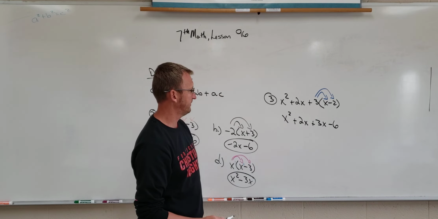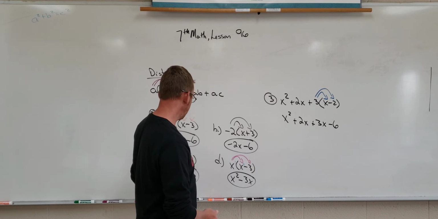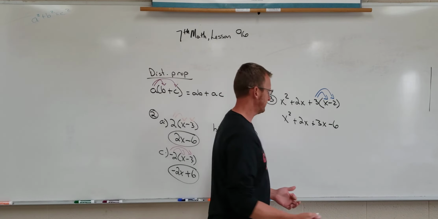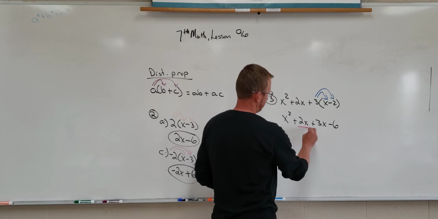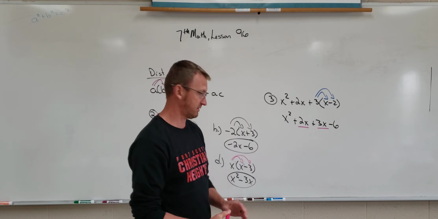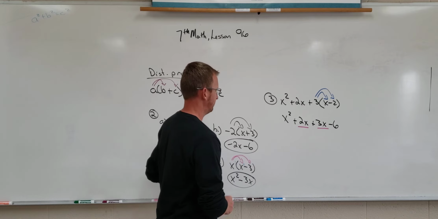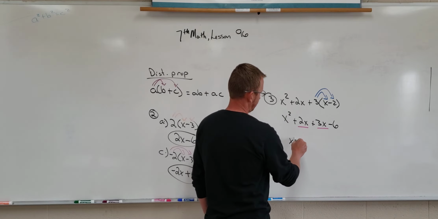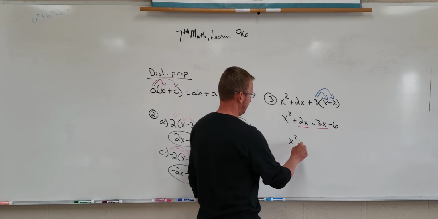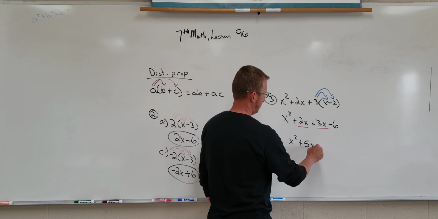Positive times negative. Now, it says simplify, which means I'm going to add my like terms. This is a 2x, this is a 3x. They both have just x, which means we can add those. So x squared, 2 plus 3 gives me 5. The x does not change.